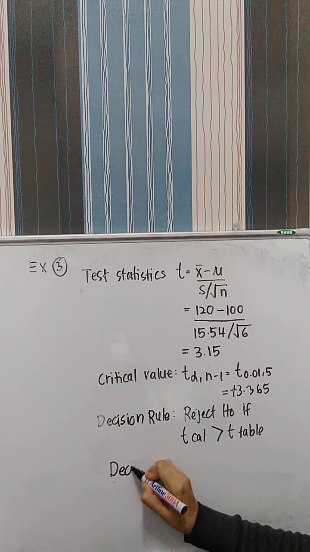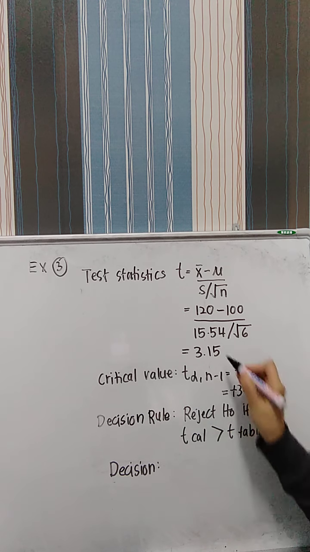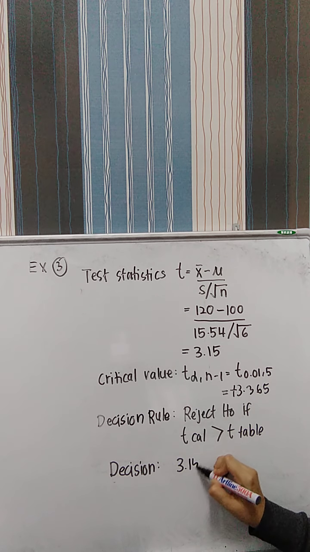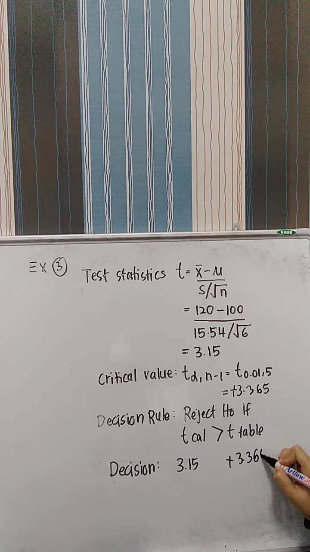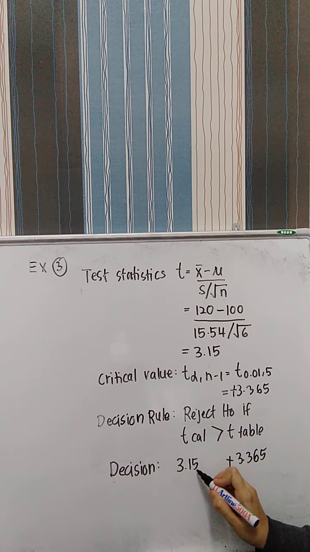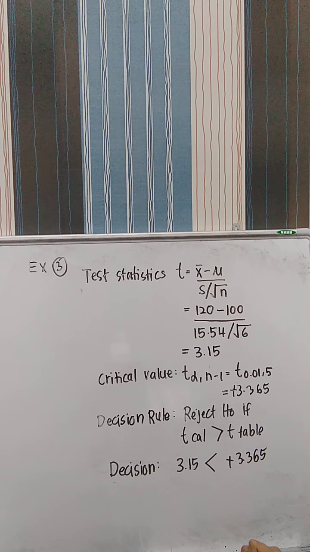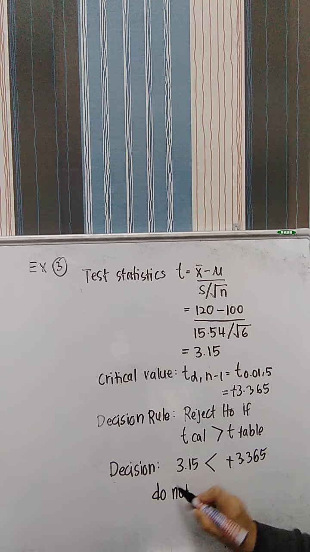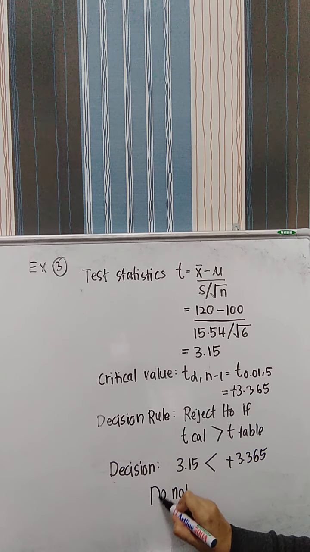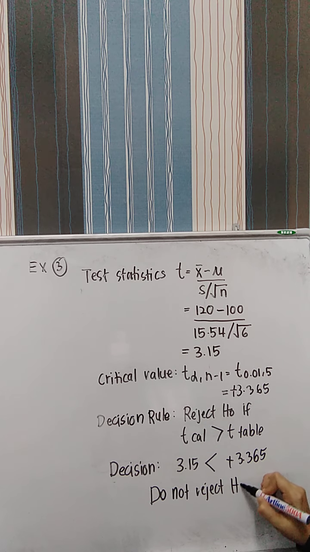So decision: t calculated 3.15, t table positive 3.365. Is 3.15 more than or less than? This is less than. So you do not reject H0.